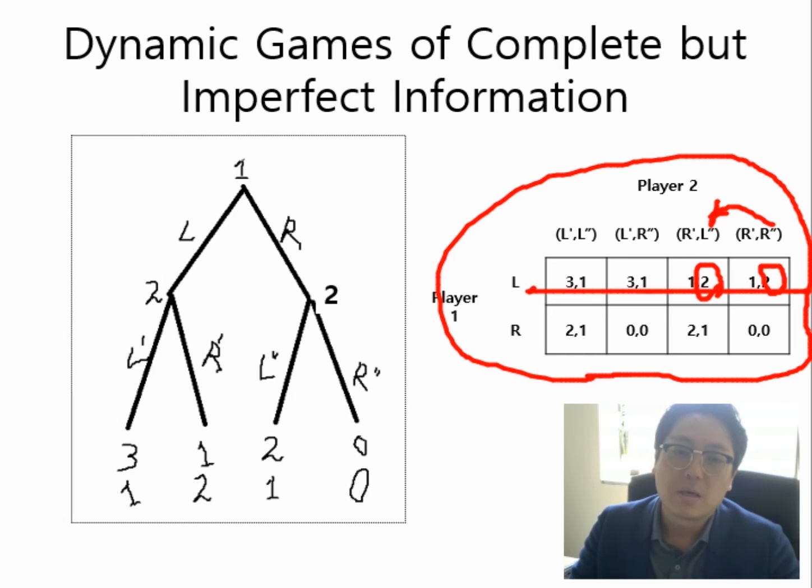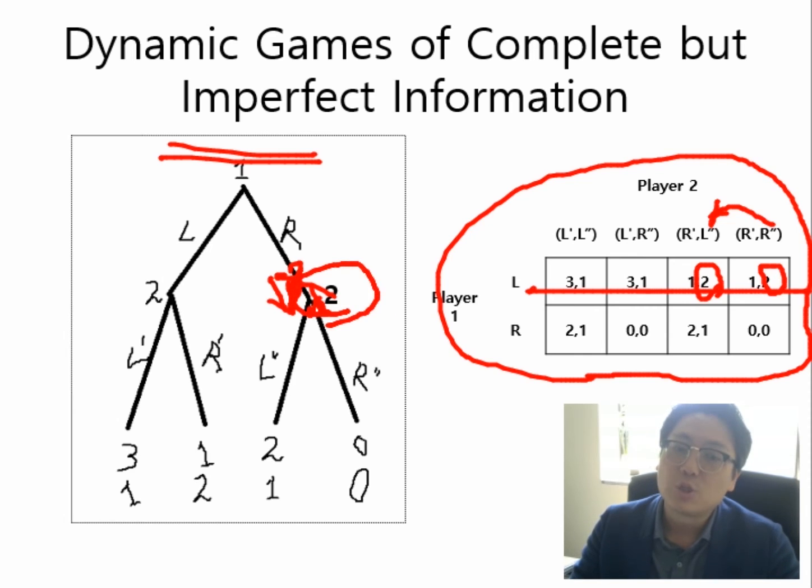However, if this is really happening, when they are choosing this kind of strategy, they made the strategy before the game started. But once the game is really started and if they reach this node, then the second player surely will choose L'. So it doesn't make sense, right?